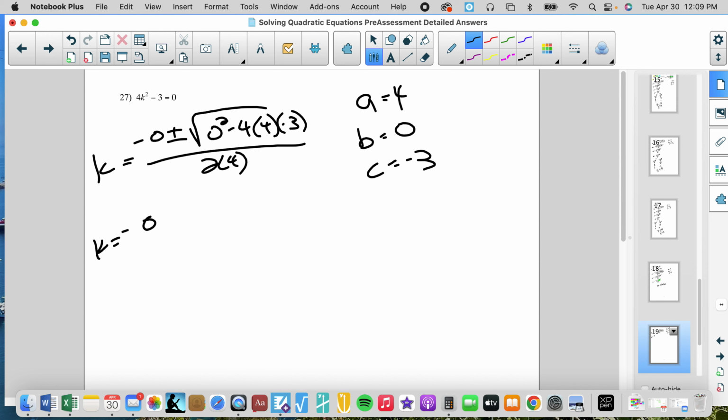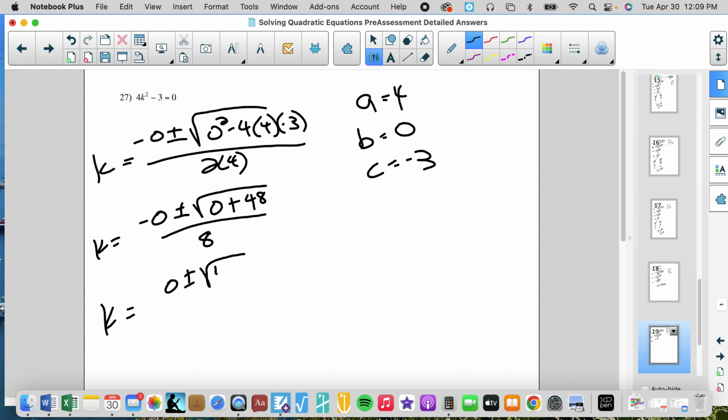Don't get lazy just because you're getting to the tail end of this. 0 plus 48 over 8. So K equals 0 plus or minus square root of 48 over 8.